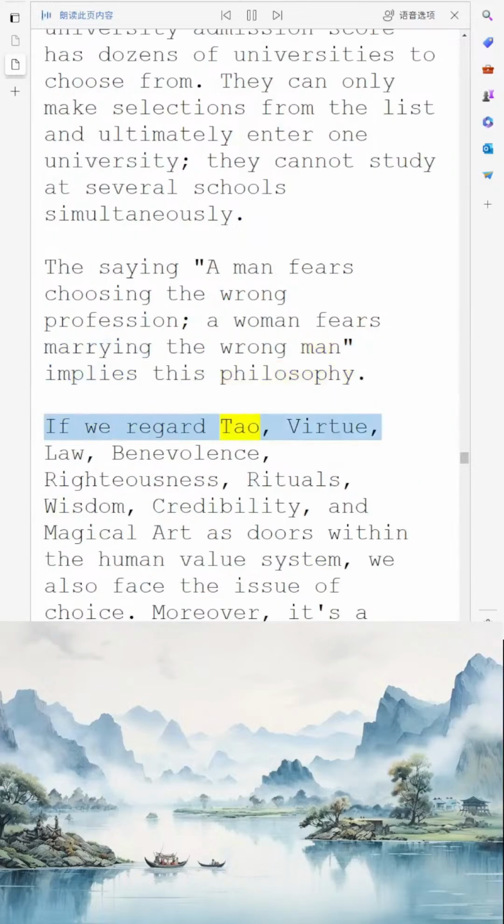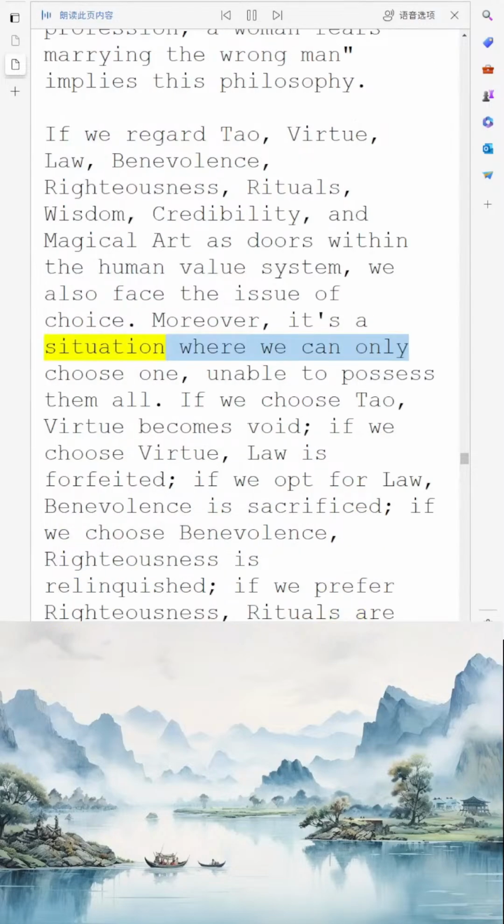If we regard Tao, virtue, law, benevolence, righteousness, rituals, wisdom, credibility, and magical art as doors within the human value system, we also face the issue of choice. Moreover, it's a situation where we can only choose one, unable to possess them all. If we choose Tao, virtue becomes void.